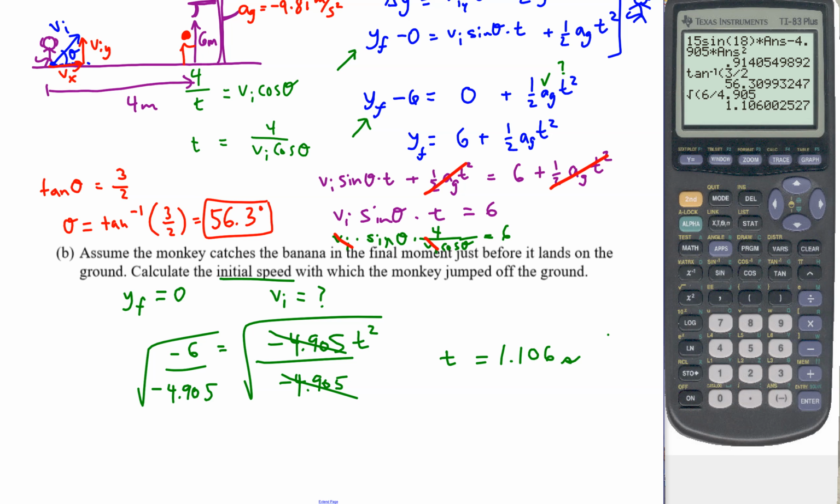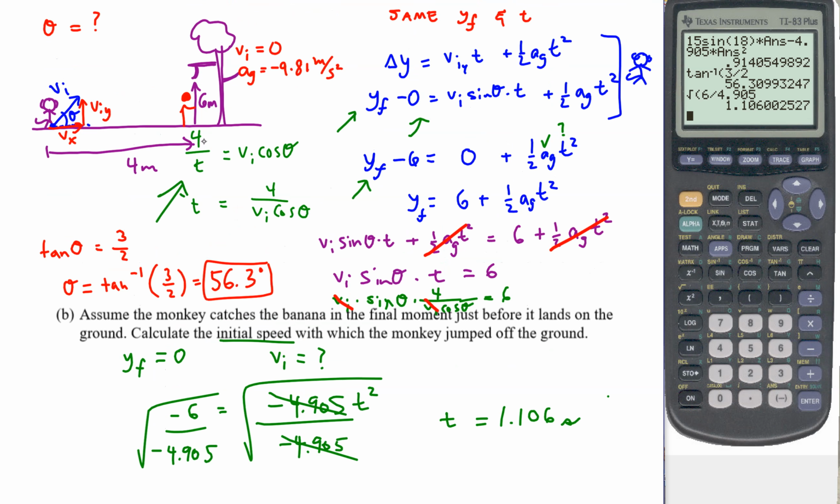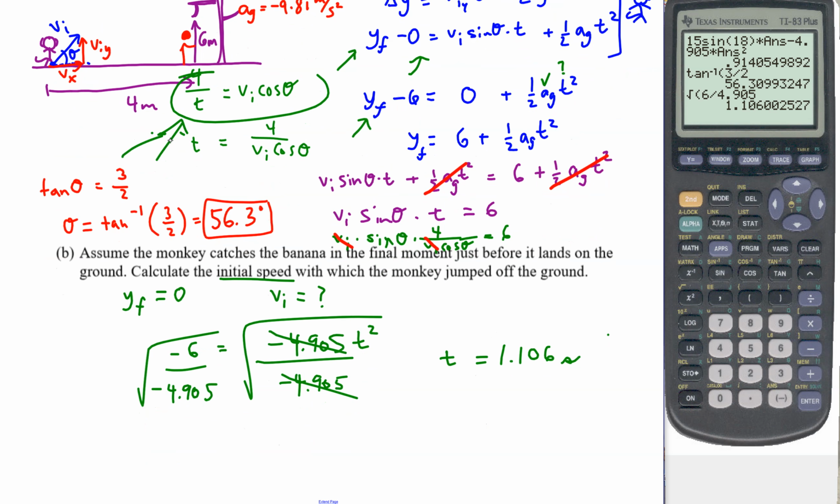Finally, we're looking for vi, so let's use that equation up above, the one that I skipped over. Or use this equation. Either one will give it to you. Any equation with vi now can be used. I'll use that one up above. That looks simpler. So 4 over my time is equal to vi times cosine of, what was theta? Oh yeah, 56.3099.